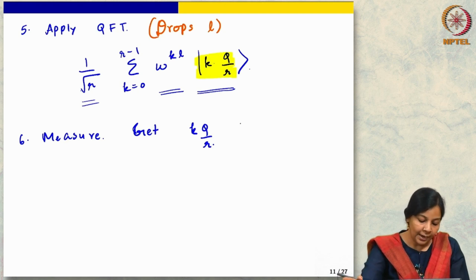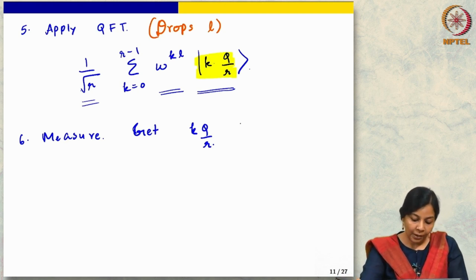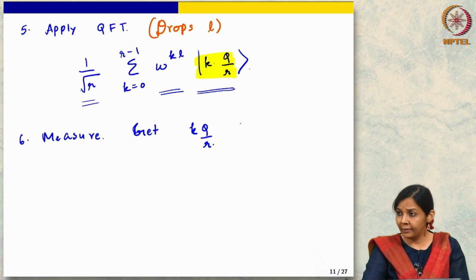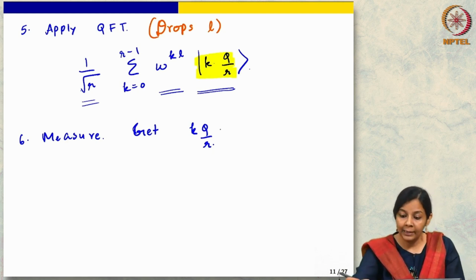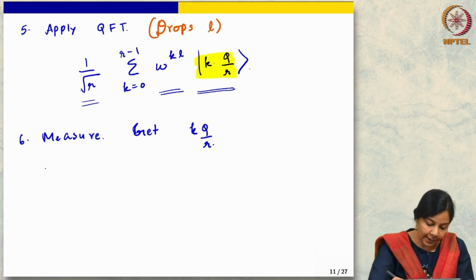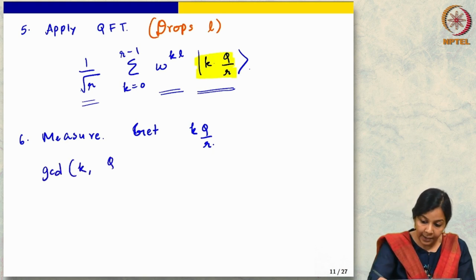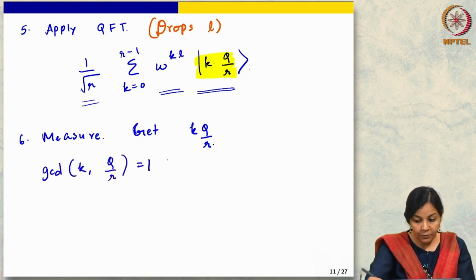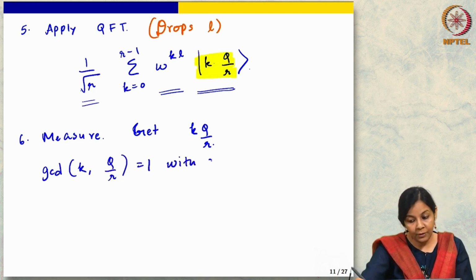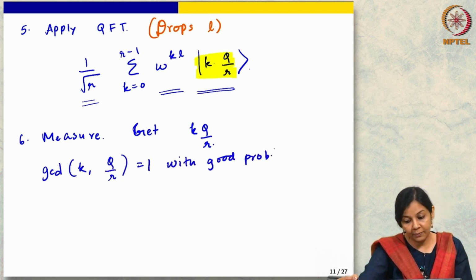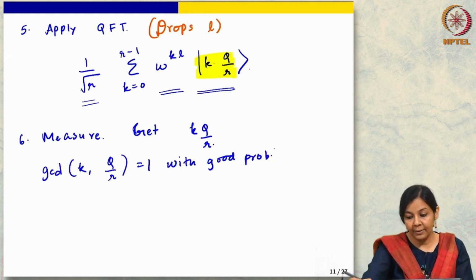Now remember that we assumed that R divides Q. In this case we assumed that. You can also check that GCD of K and Q over R is going to be 1 with good probability. I am not proving this again, I am just saying it.